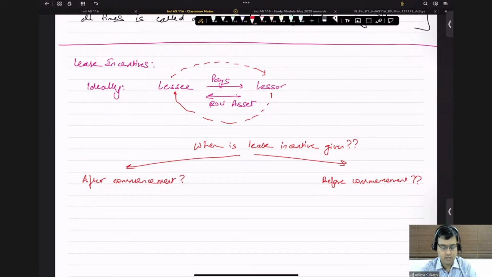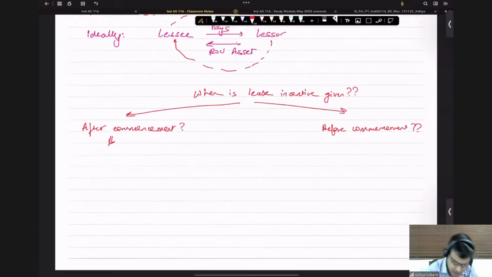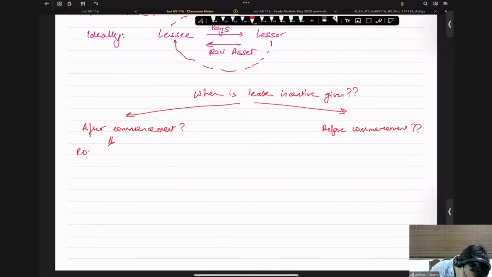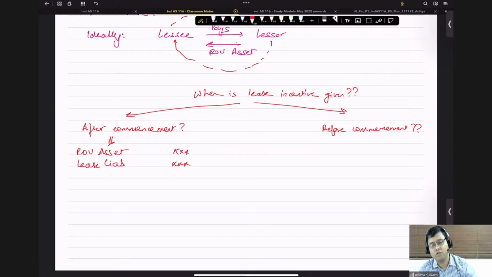And the question arises, sir, suppose it is given after commencement. After commencement means what? ROU asset and lease liability, both of them are already recorded.